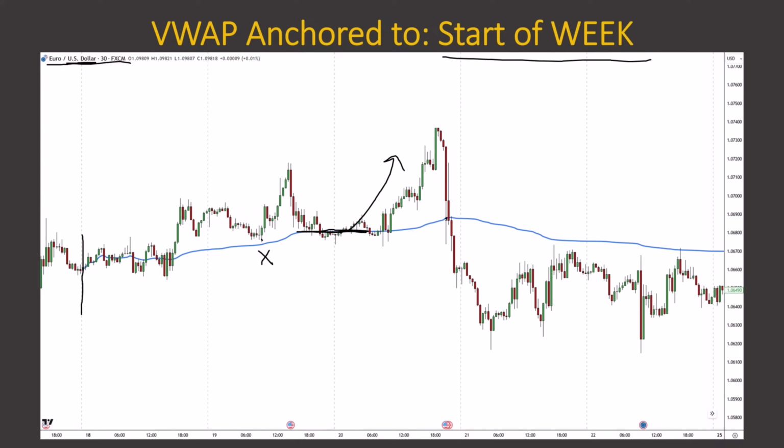Then long from here, if you look closely, there actually was a reaction. But notice this strong macro news on the US dollar exactly at that time. And you don't want to trade during strong macro news, at least not intraday trades, right? So this would be no trade from here, but an important thing happened here.